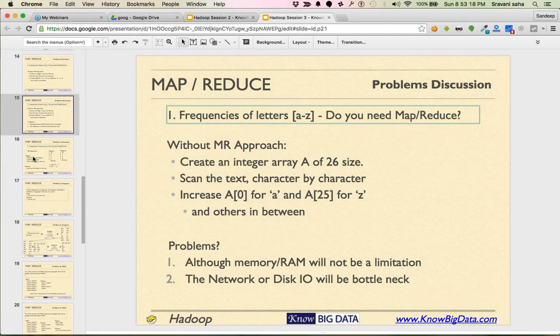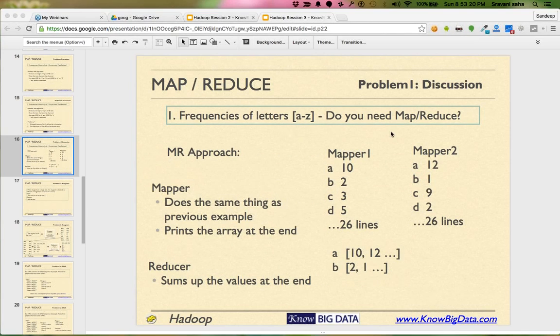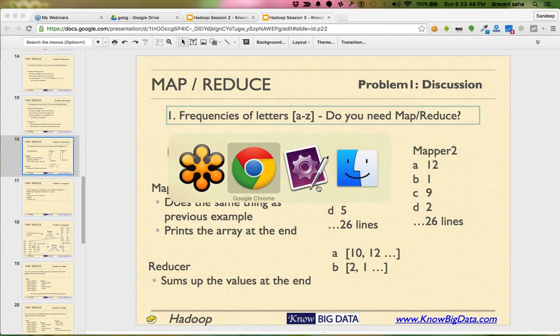All right, now let's see how we would solve it using map reduce. The way you will solve it using map reduce is this. Let me just take Randhir's approach.